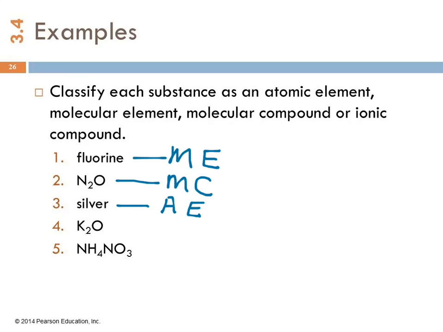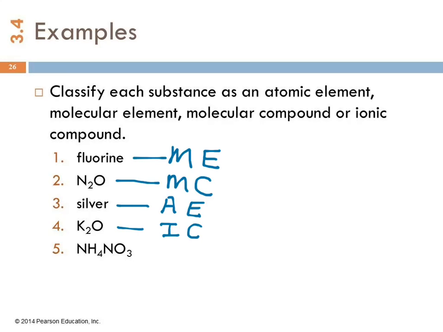Atomic. Not one of the 7, or phosphorus or sulfur. K2O, ionic compound. Because potassium is a metal. Now that might not be something that you immediately recognize as a metal, so you need to look at the periodic table. It's way over there on the left side. It's a metal.